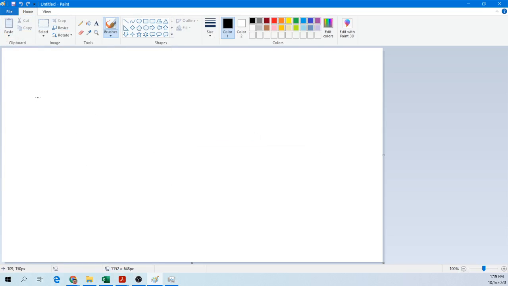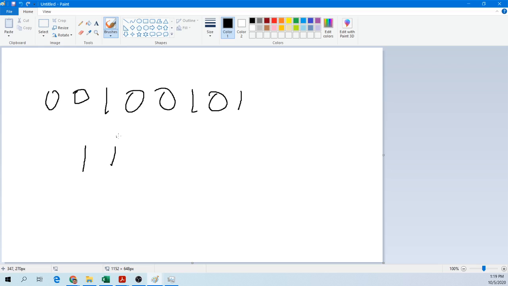In binary, there's only two states. Base 2 system, there's only two states, a 0 or a 1. So if we have 0, 0, 1, 0, 0, 1, 0, 1, that's binary. We have 8 bits, and that would give you 1 byte.